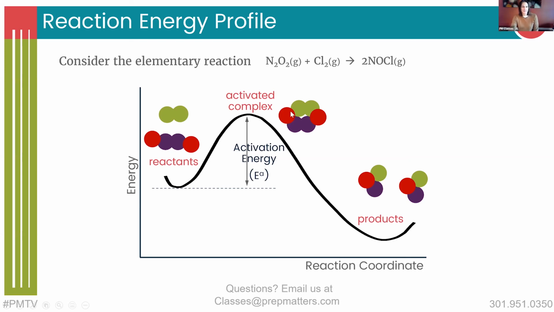Everything's kind of bound together and kind of not. It's like balancing a ball on the top of a hill: half the time it's going to roll left, half the time it's going to roll right. It's that very unstable point. That's what this activated complex is, where half of the time it's going to go back to form reactants and half the time it's going to form products, right?